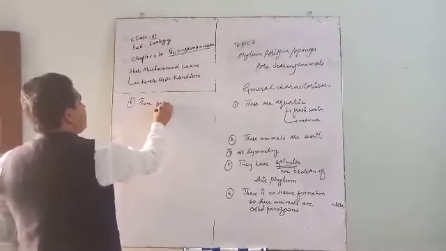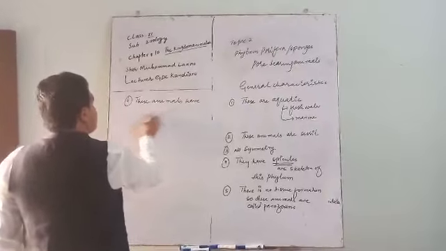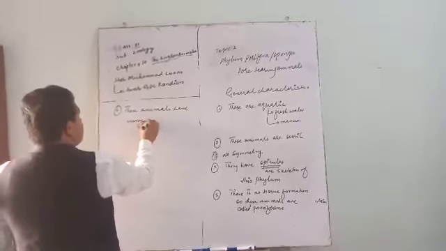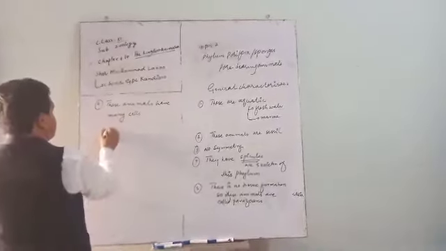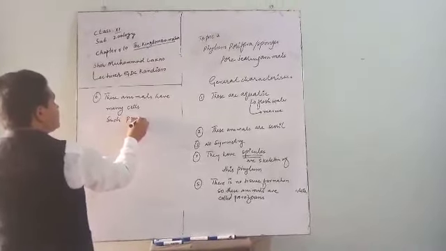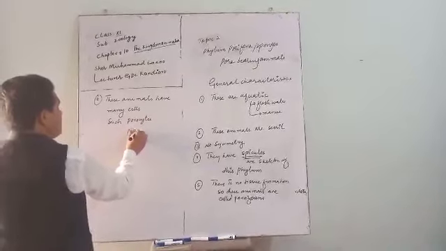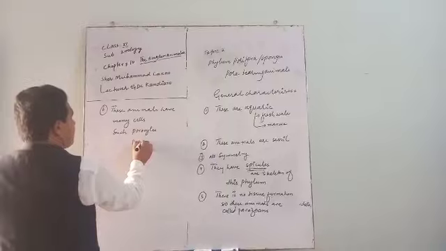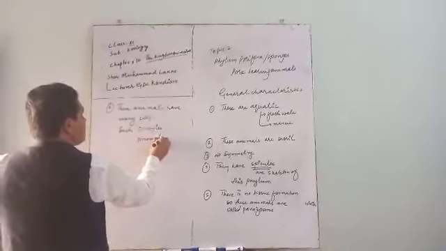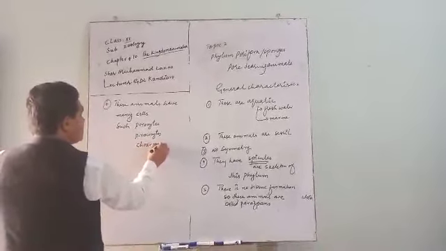These animals have many cells, such as porocytes, pinacocytes, and conocytes.